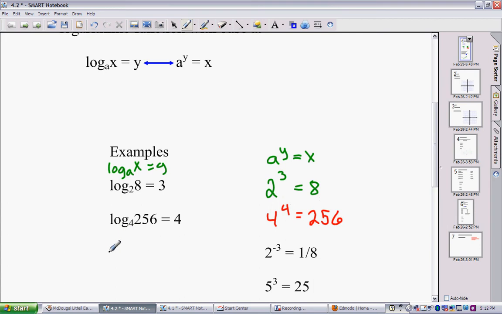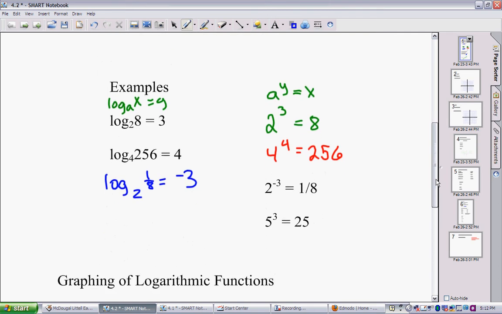Going backwards, we got log, instead of a, we're putting 2. Log base 2 of 1/8 equals -3. Oh, we should have a 1 right there. For 5 to the third is 125, so as a log, log base 5 of 125 equals 3.